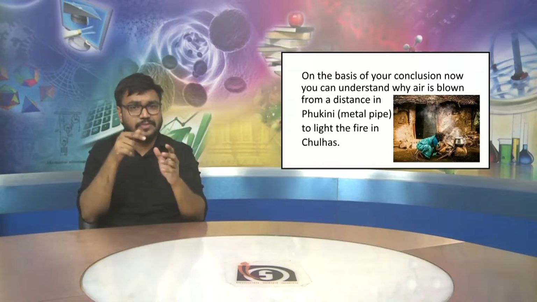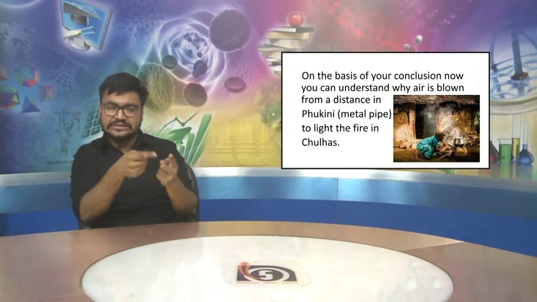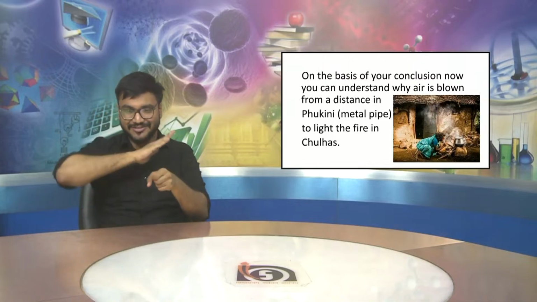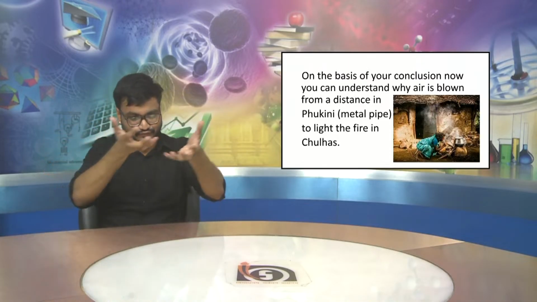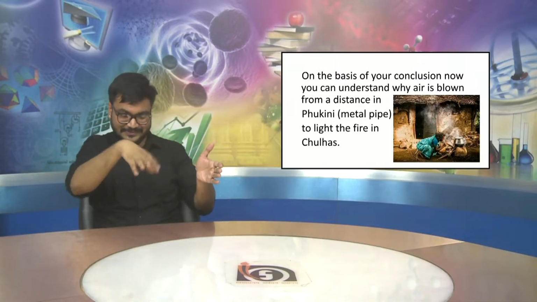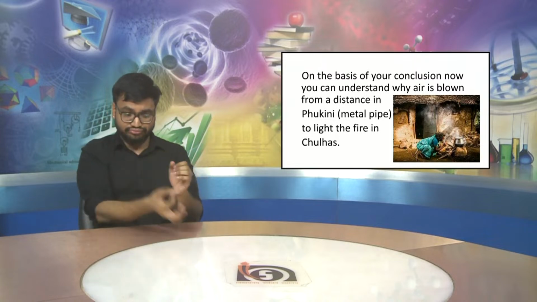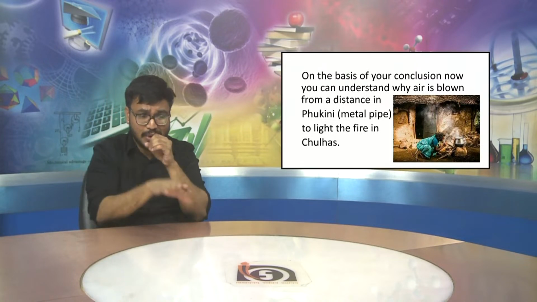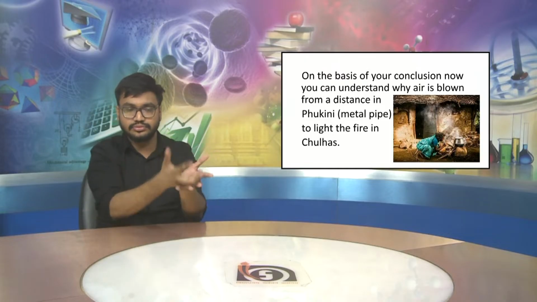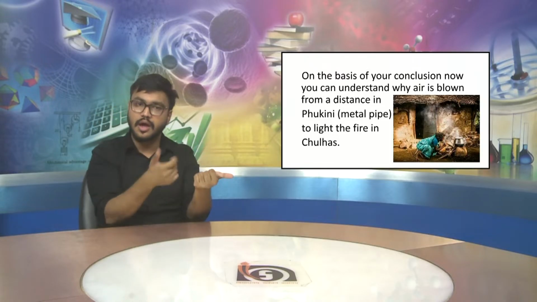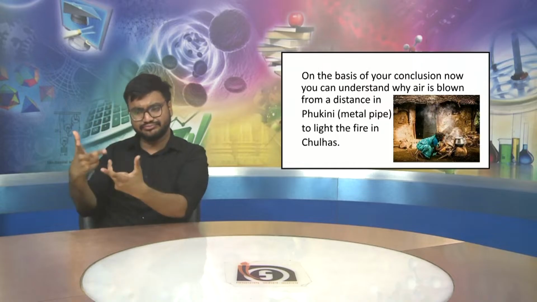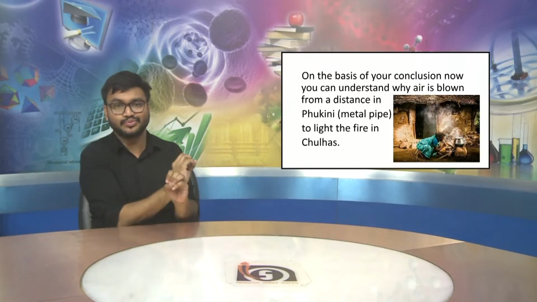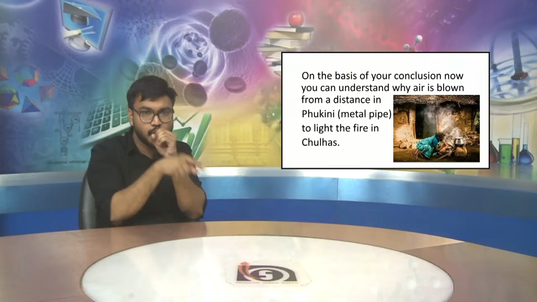Same as that activity, now you can understand why air is blown from a distance in a Fukni. Fukni is a metal pipe which is used to burn the fire to cook the food, and it is used for the chulhas in the villages.